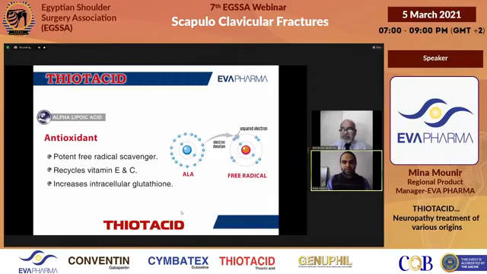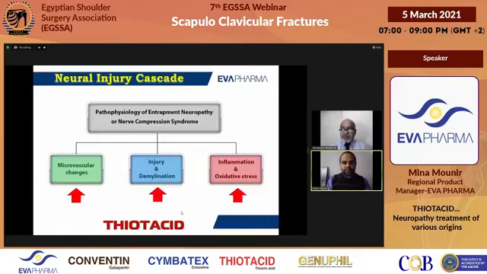And the last action of Thiacid is the antioxidant, being a universal antioxidant and one of the most powerful antioxidants known till now. It is a potent free radical scavenger and metal chelator as well, which is very important for cases of poisoning neuropathy. Not only being an antioxidant, but it can recycle other exogenous and endogenous antioxidants like vitamins E and C, the exogenous ones, and the intracellular glutathione, which is a very important intracellular antioxidant.